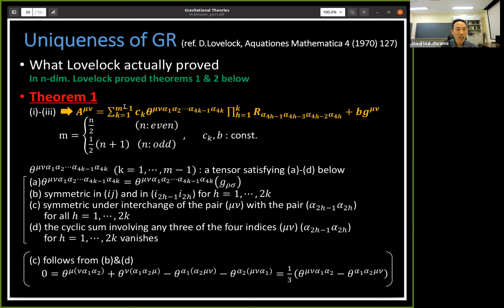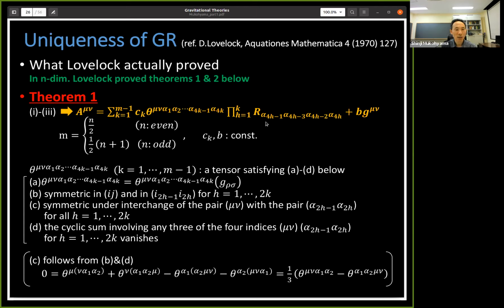He found this, but theta, we don't know how to write down the tensor theta out of the metric. Theta is written in terms of the metric without derivative, but this is a bit complicated, so we don't know how to write it at this moment. The second derivative of the metric is here.